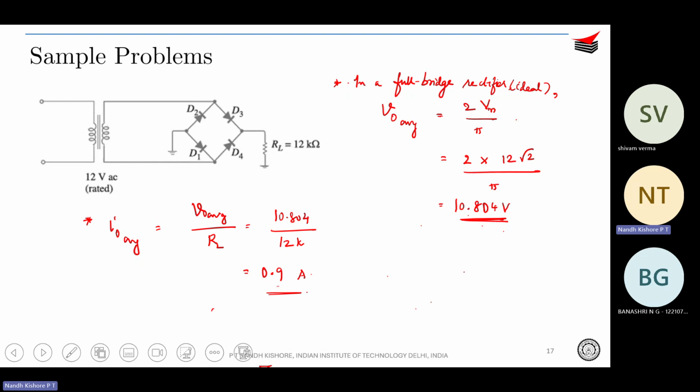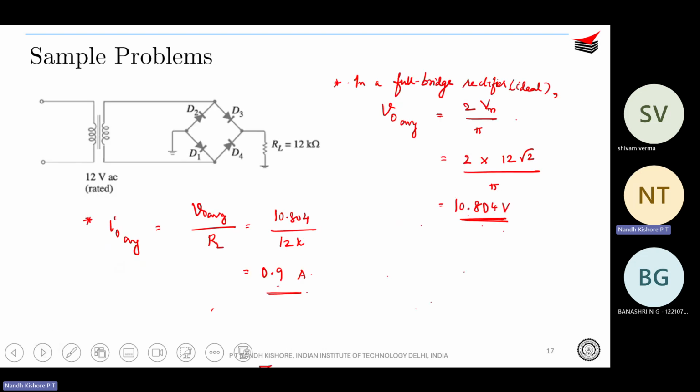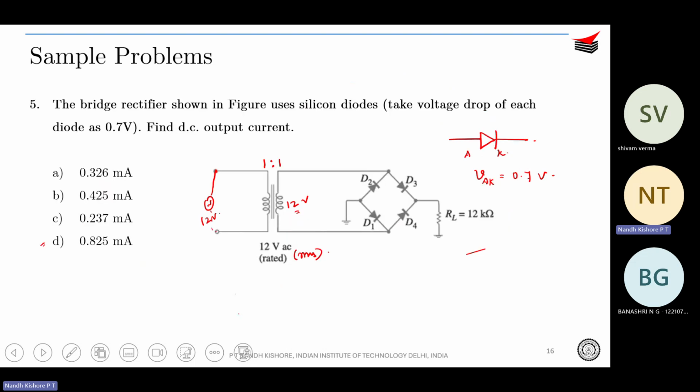But the point is right now they have told us that the drop is 0.7 volts. From seeing the options, probably you may guess that the correct answer is 0.825, and I think it's the correct answer. We have got 0.9. So if you consider the drop, the voltage would be slightly decreasing, which means that the current would also decrease a little. But we have to find it analytically. All right. Did you understand this?